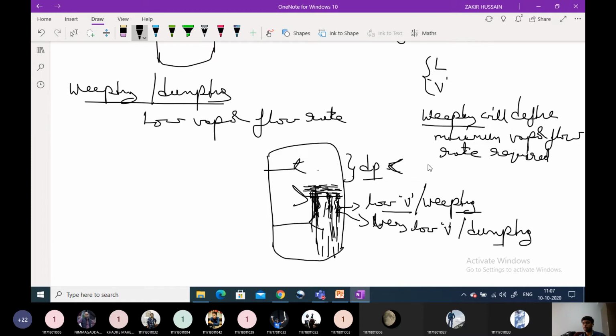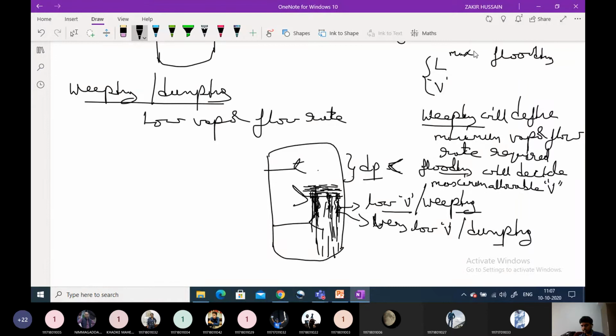Then the maximum vapor flow rate will be decided by flooding. Flooding will decide the maximum allowable vapor flow rate, which is V. So flooding gives the maximum V, and the minimum vapor flow rate is set by weeping.